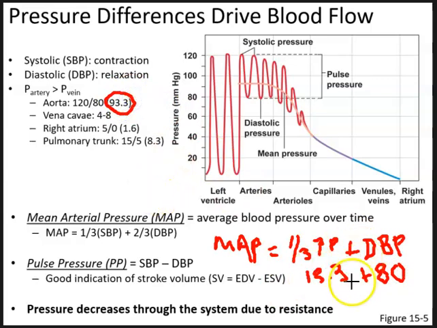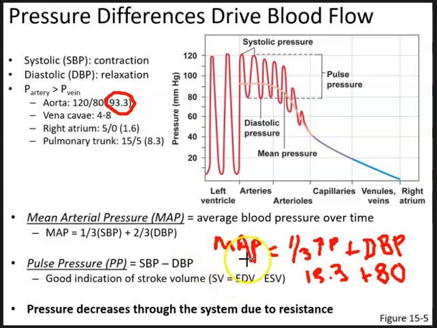Okay, it's the same way of getting the mean arterial pressure if we take the 1/3 of the systolic plus the 2/3 of the diastolic. Again, that represents the amount of time that the heart is either in systole versus diastole. We know that the heart is contracting or in systole 1/3 of the time, and it's in diastole or relaxation 2/3 of the time.